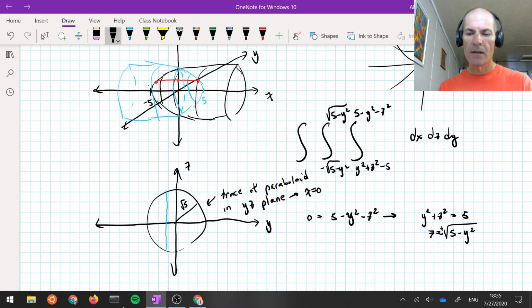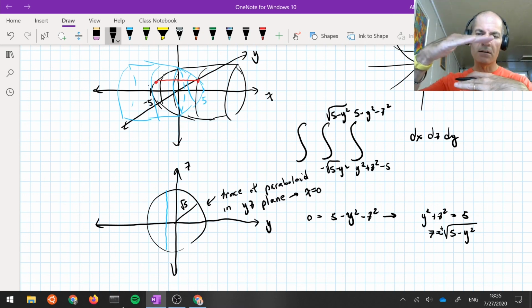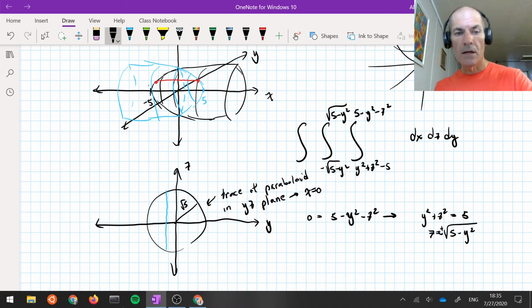All right, last step, we take this domain in the YZ plane and we squash it down onto the remaining variable, which is y. Y we're using green for, and that's going to go from minus root 5 up to root 5.